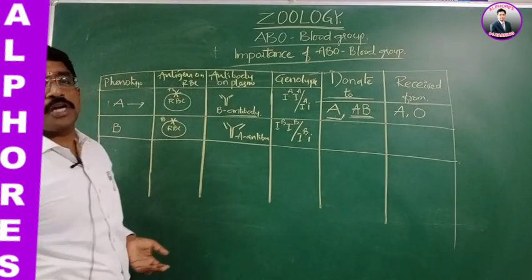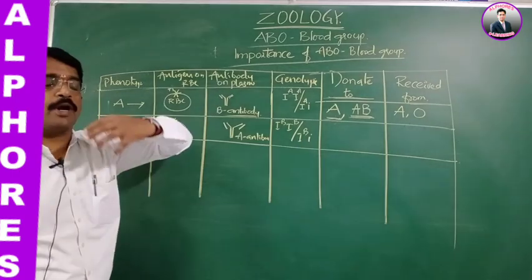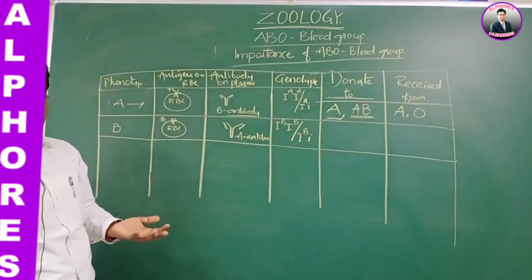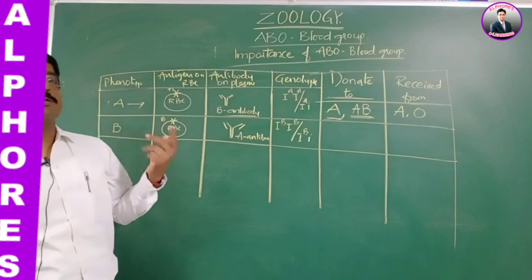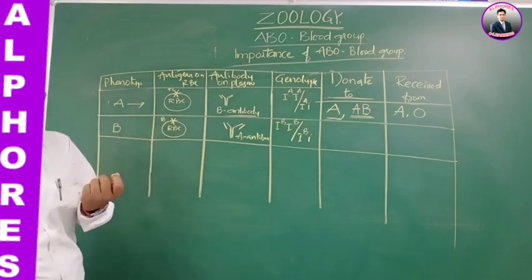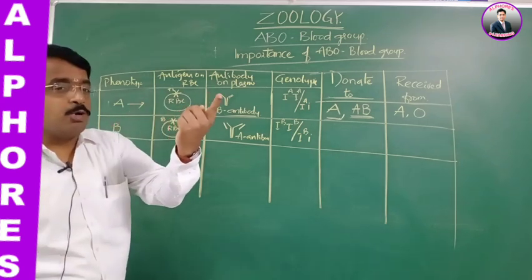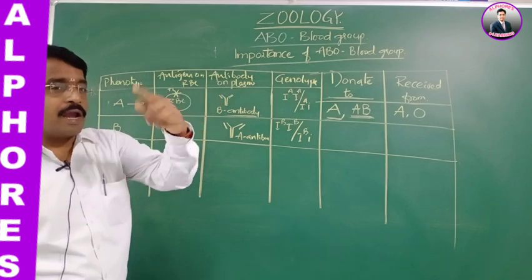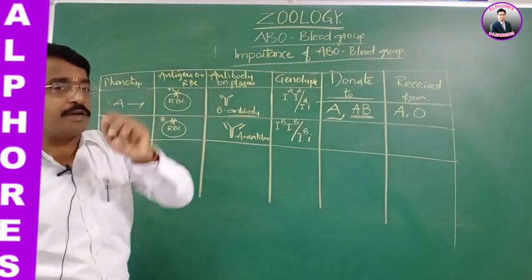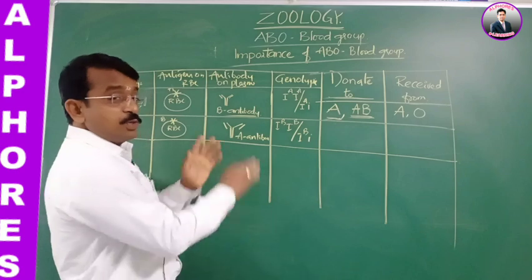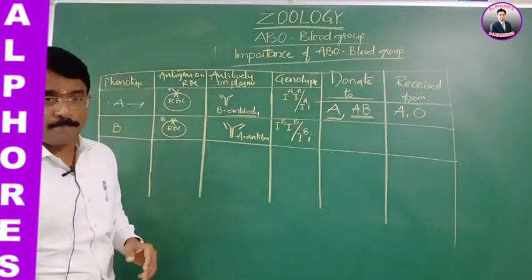Now let's see donation. If B is donated to A, B is with the B antigen, and the recipient A generates B antibodies, so it is danger, so it should not donate to A.